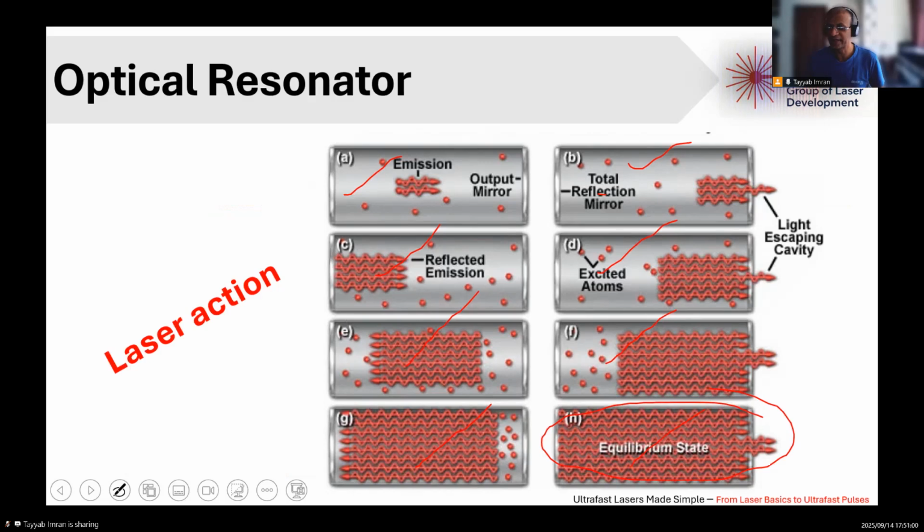So the laser action is sustained. Now the laser will work as long as the pump is there. Sometimes you need a certain pump energy to start and maintain it. Once you achieve that, you can have an equilibrium state, like continuous operation of the laser.